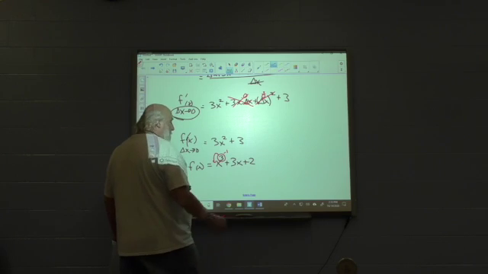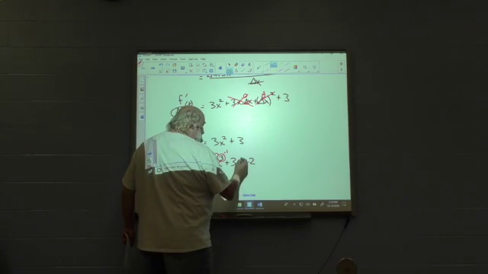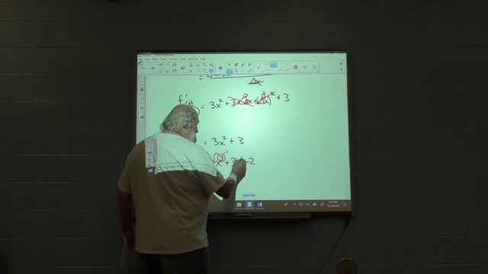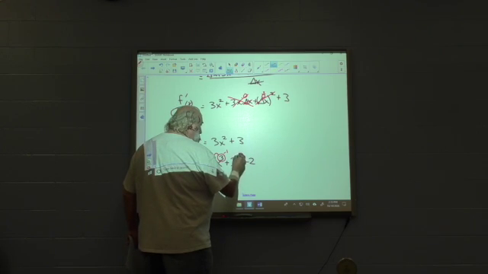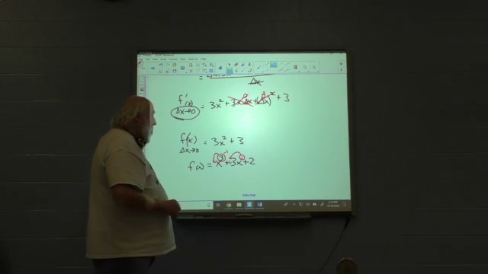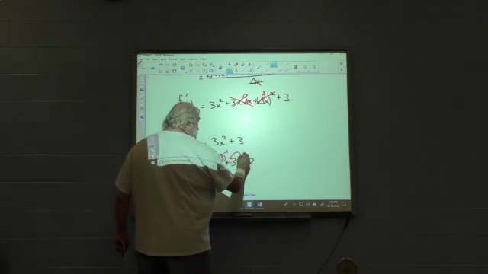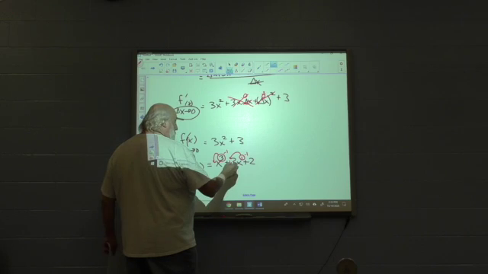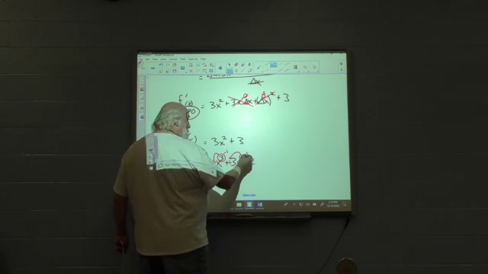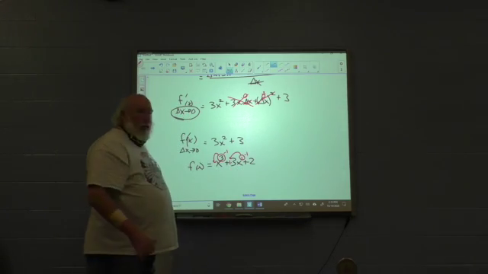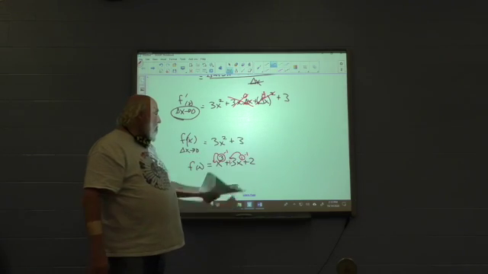Okay? This is x to the first power, and we take that 1 and multiply it by 3, and then subtract 1. Well, that becomes x to the 1 minus 1 power, which is x to the 0 power. That is gone.